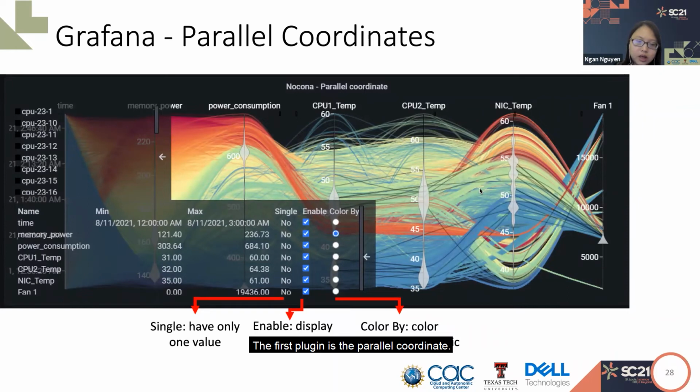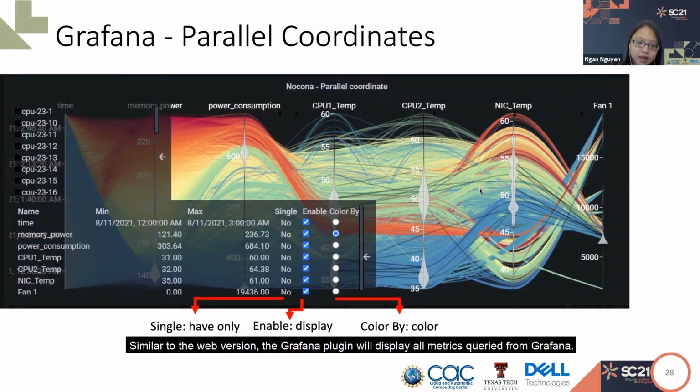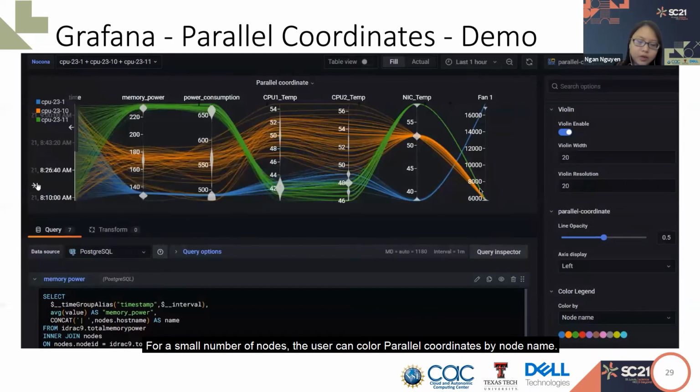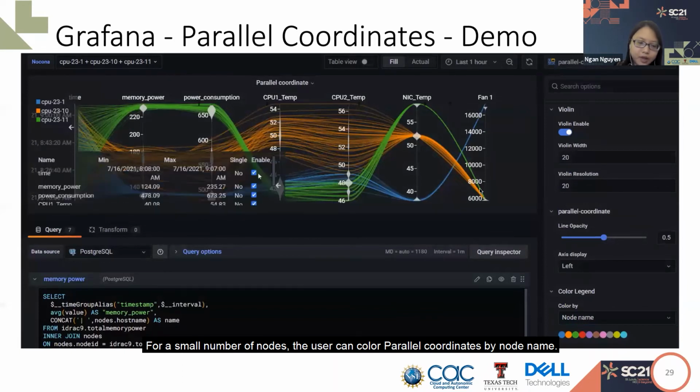The first plugin is the parallel coordinate. Similar to the web version, the Grafana plugin will display all the metrics queried from Grafana. For a small number of nodes, the user can color the parallel coordinate by node name.